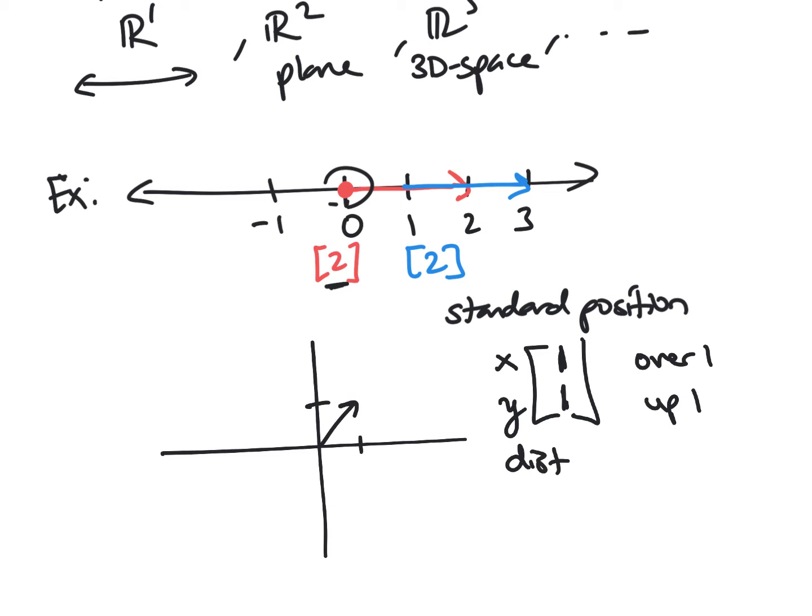I know exactly how long this is by using the distance formula, and so this is going to be the square root of 2, because it's the square root of 1 squared plus 1 squared. So that would be the vector (1, 1), starting from (0, 0) to (1, 1). But of course, you can do the same thing here, or here, or here. All of these, if they're in the same direction and same length, are the same vector.